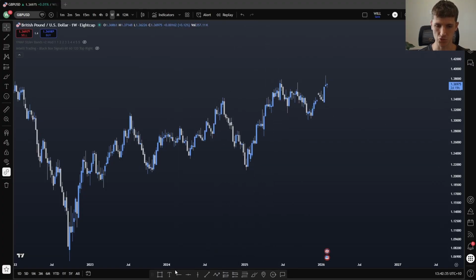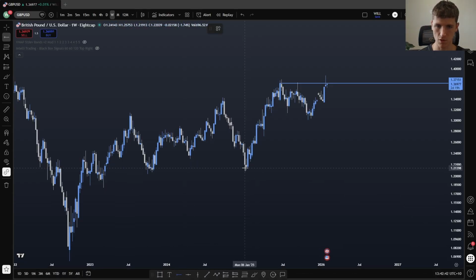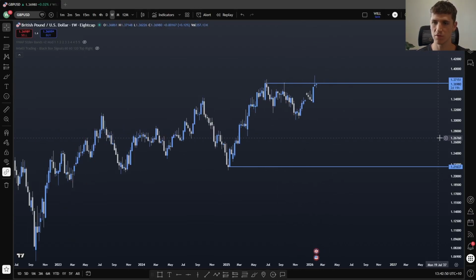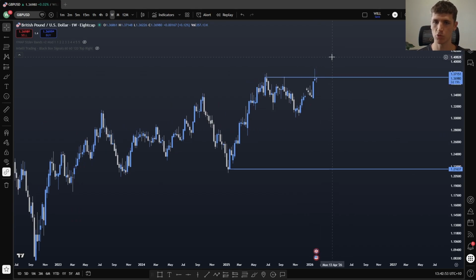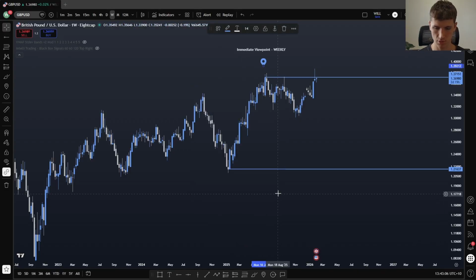But if we draw a horizontal ray from this high to this low, we can see price has not broken structure to the upside, has not broken structure to the downside. What I'm looking for, it's very close to, but I'm looking for a close on the weekly time frame, either above or below this viewpoint. So the weekly viewpoint is actually bullish.